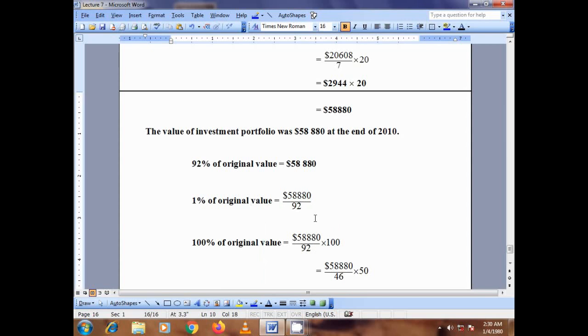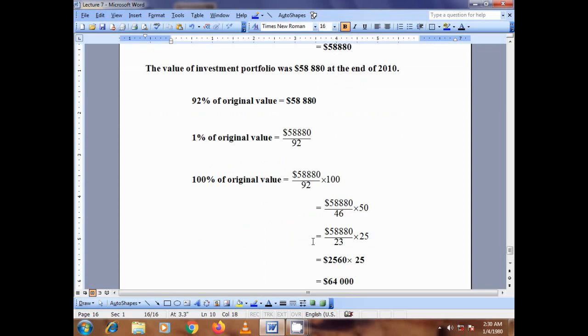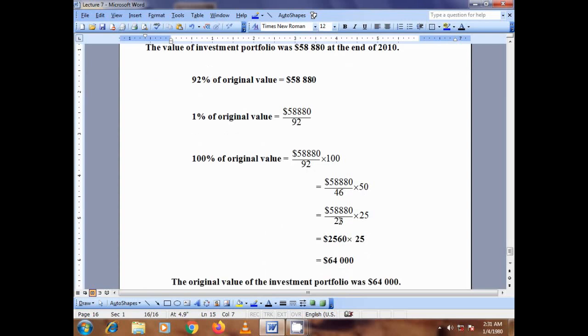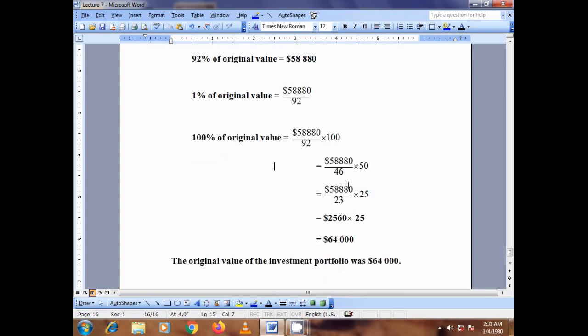Then it means we will multiply 100 by this fraction, 58,880 divided by 92. Now we have some calculation in this step. We can divide this 100 by 2. The quotient will be 50. And let's divide this 92 by 2. We will have the quotient 46.